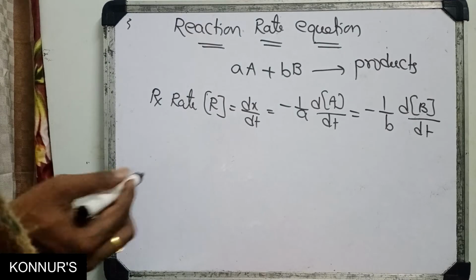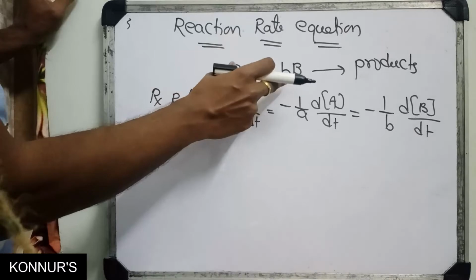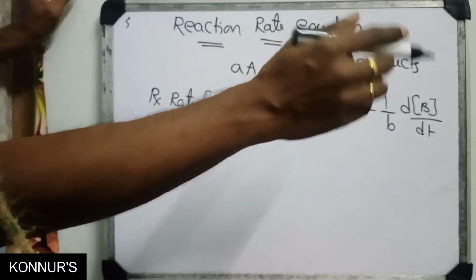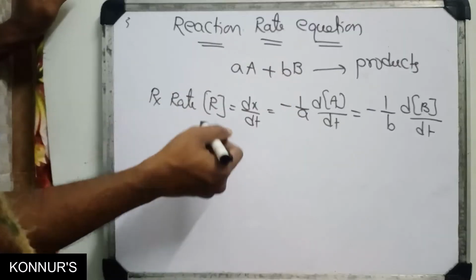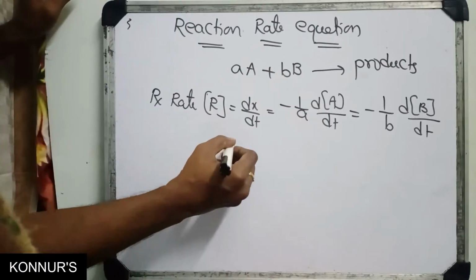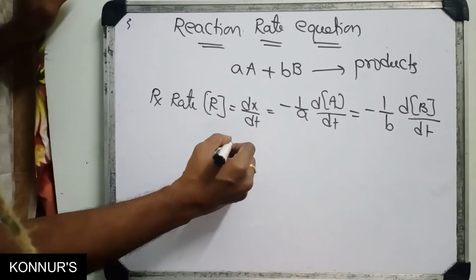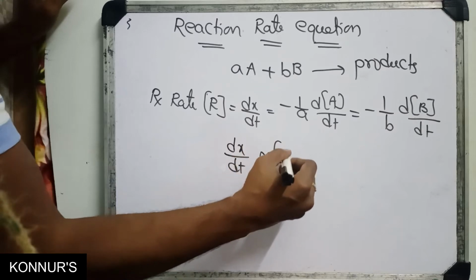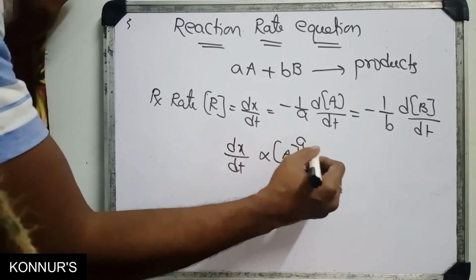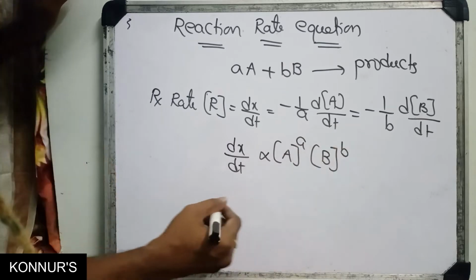So in a chemical reaction, we know only the reactants. What is the product in the chemical reaction? We don't know. So we take the reactants initially. That's why the reaction rate is directly proportional to these concentrations. So dx by dt is directly proportional to the A concentration and the B concentration.